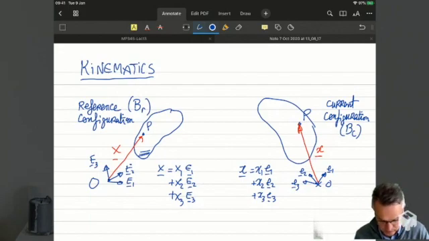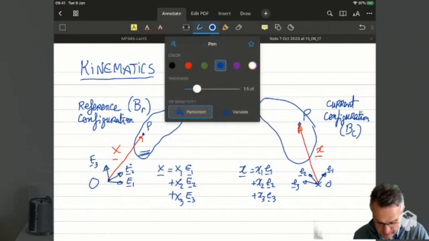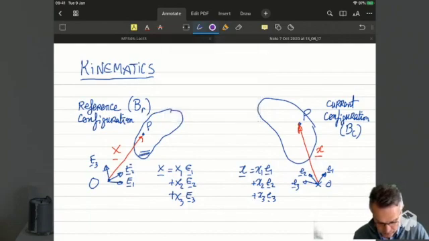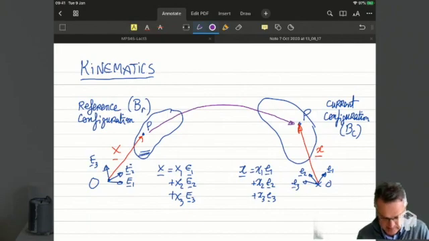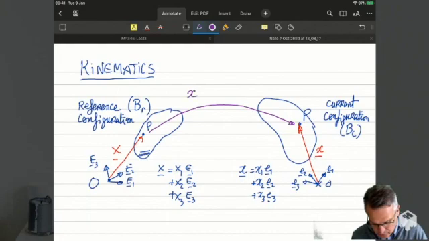And then what we're going to introduce is a mapping of one state to another. I'm going to say that this point here, P, which was at capital X in the reference configuration, has moved to little x in the current configuration through a mapping, an injective function.